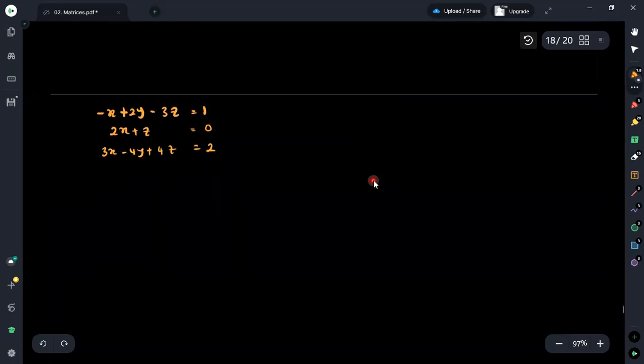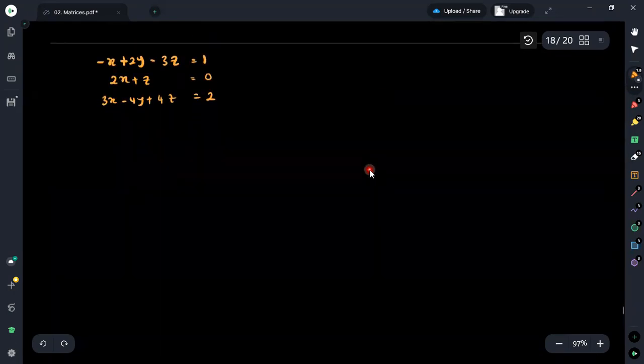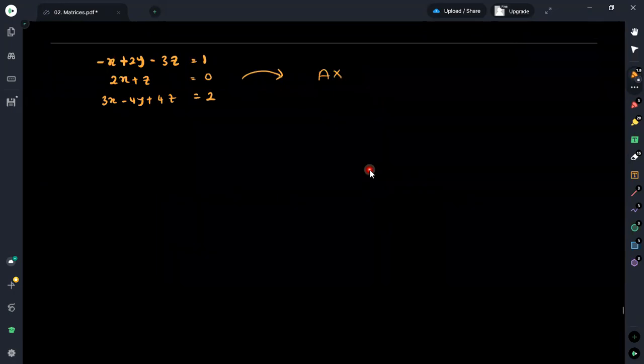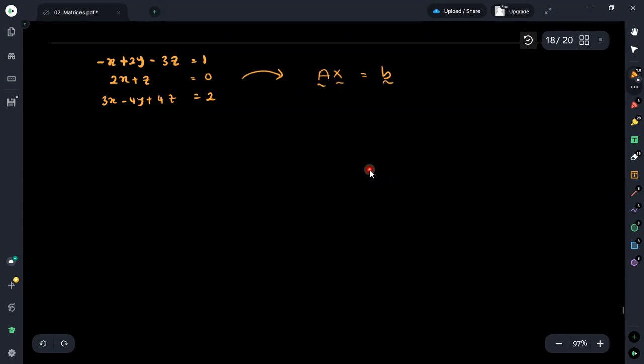Now we are asked to obtain the solution. Therefore, what we need to do is first convert this into a matrix form. Therefore, we'll get it as Ax equals b. To convert this into matrix format, first we have to isolate all the terms associated with variables on one side and all the constant terms on another side.